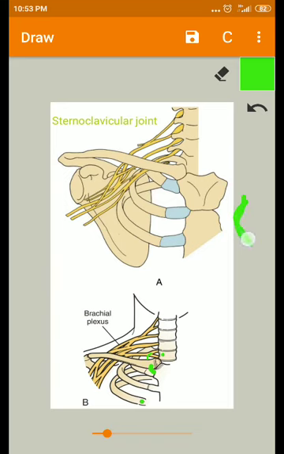The medial end of the clavicle will be present. So overall, vertically we can see this as convex, whereas anteroposteriorly it is concave. Okay. And the clavicular notch of the manubrium sterni is relatively smaller and it is not reciprocally curved.